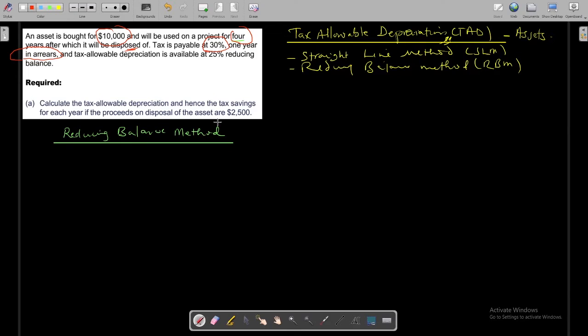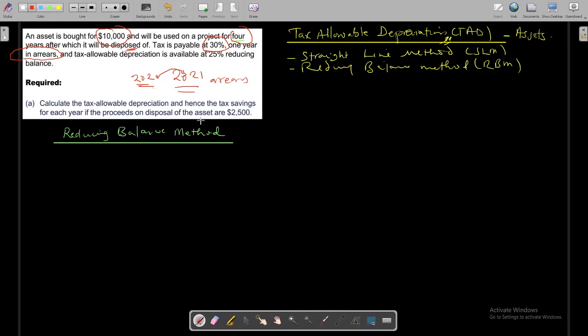So if this year is 2020, the company will pay its tax in 2021, because when companies finish preparing their accounts for this year, their tax will be computed and they have to pay it to the government in the following year. So that is arrears.